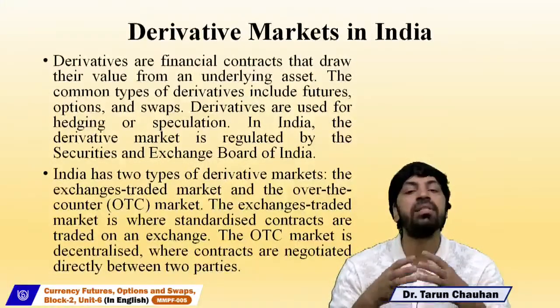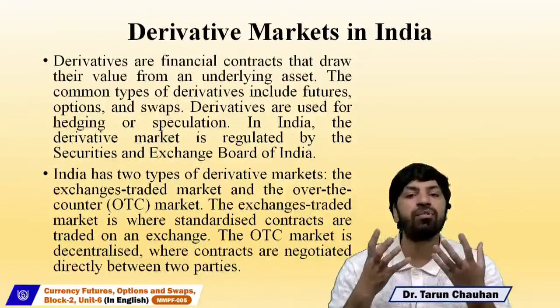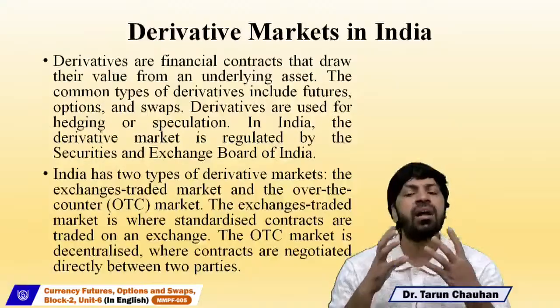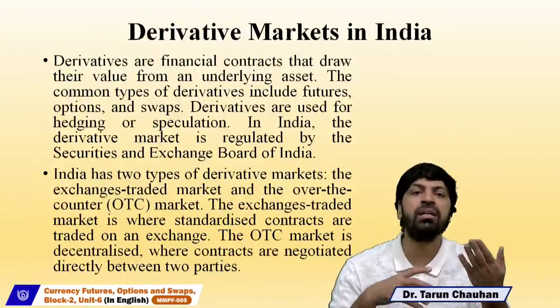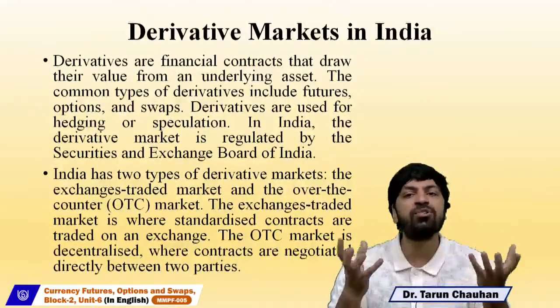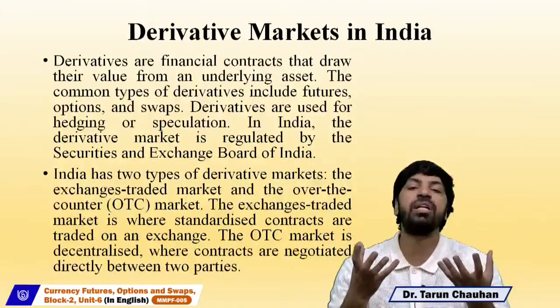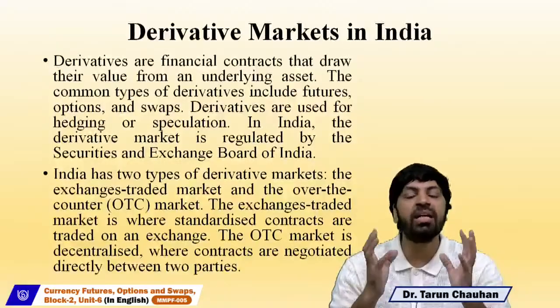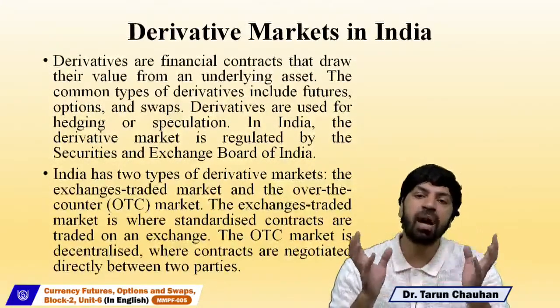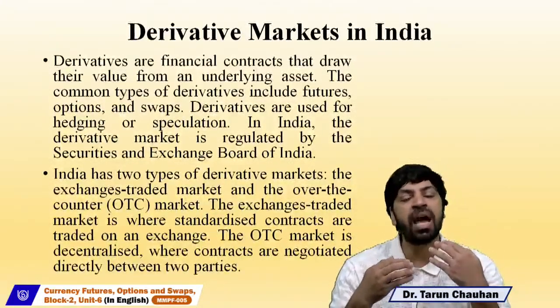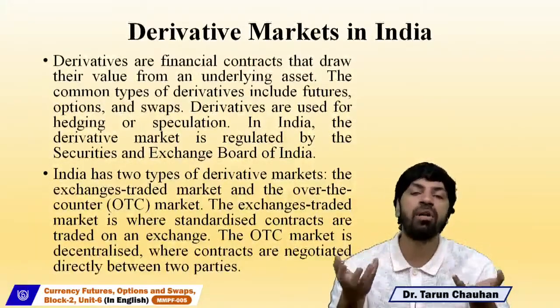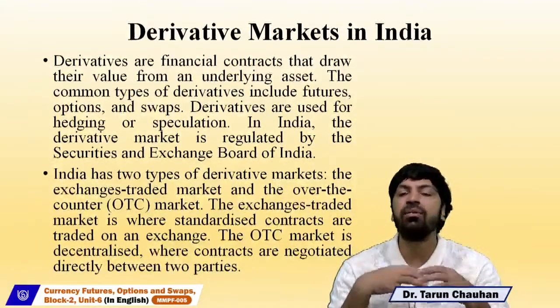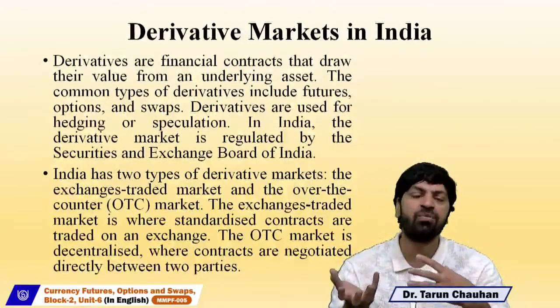It's not standardized, and the contracts are negotiated directly between the parties. In the exchange traded market no negotiation can exist, because whatever exchange rate exists in the market, the transaction is possible at that rate. But over the counter, negotiation can take place between the two parties.